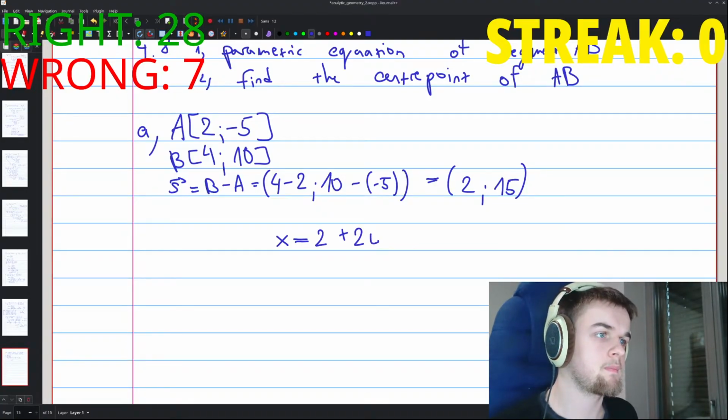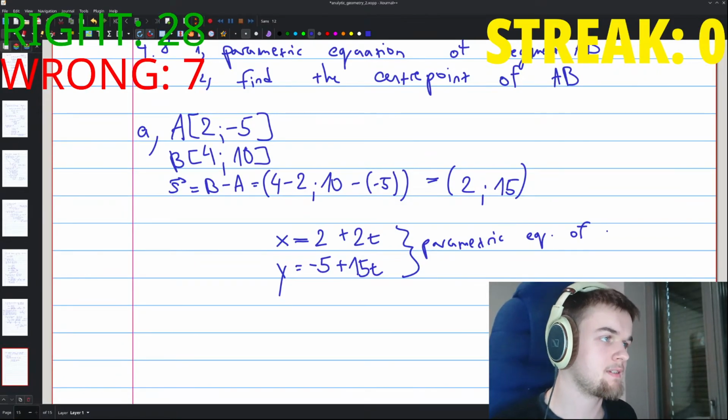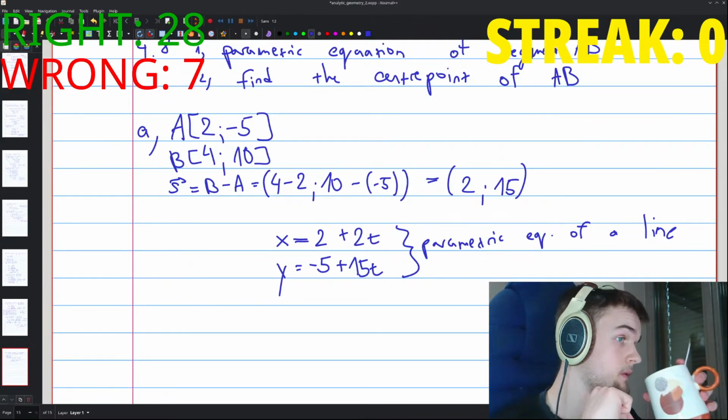So this is a parametric equation of a line, but not of a segment. Which maybe that's, I don't know. We'll see.